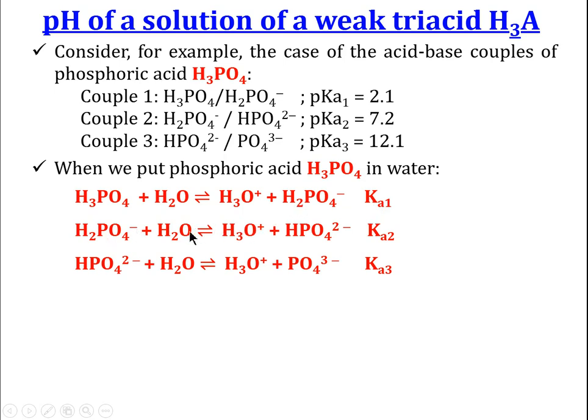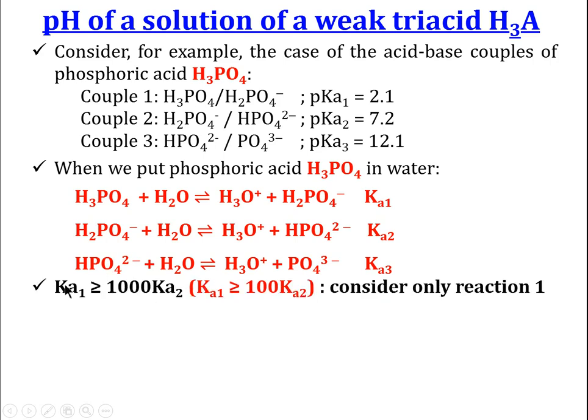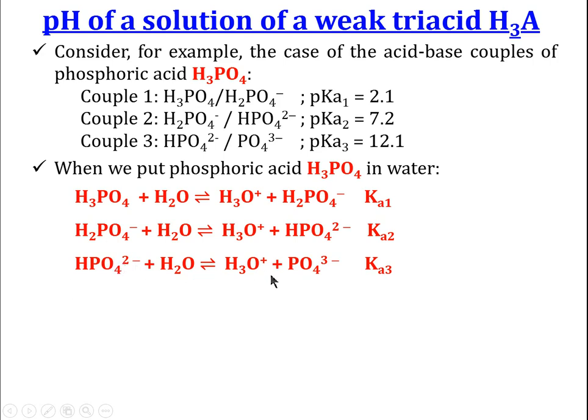H2PO4 minus continues dissociation, so reaction 2 corresponds to the couple H2PO4 minus, HPO4 2 minus, characterized by K of the reaction equal Ka2, and HPO4 2 minus dissociates to H3O plus and PO4 3 minus, and the couple involved is HPO4 2 minus, PO4 3 minus, K of the reaction is Ka3.